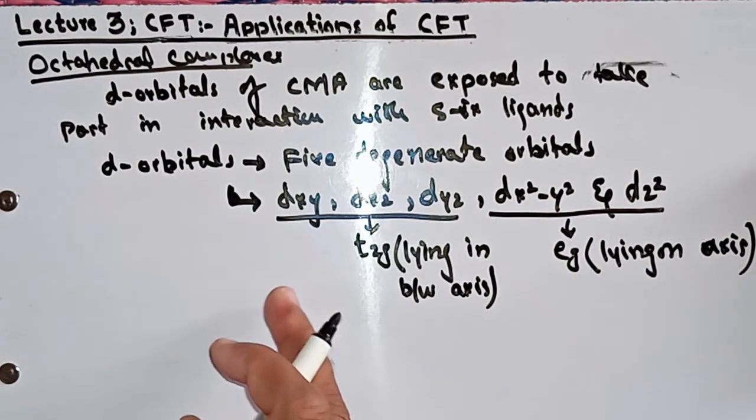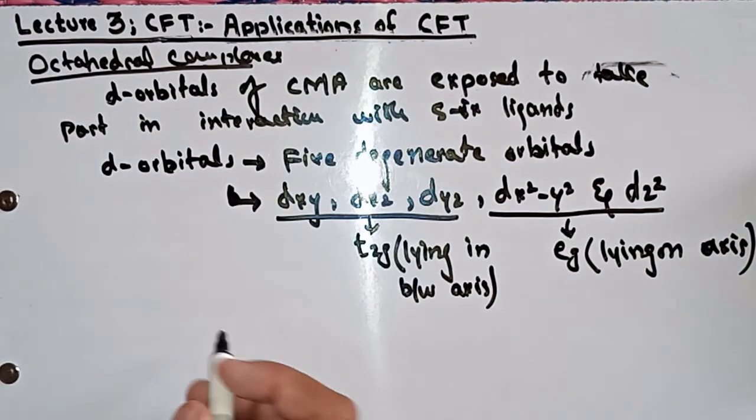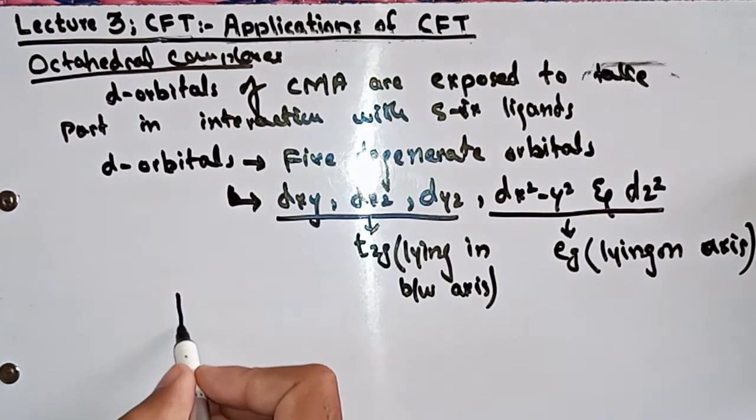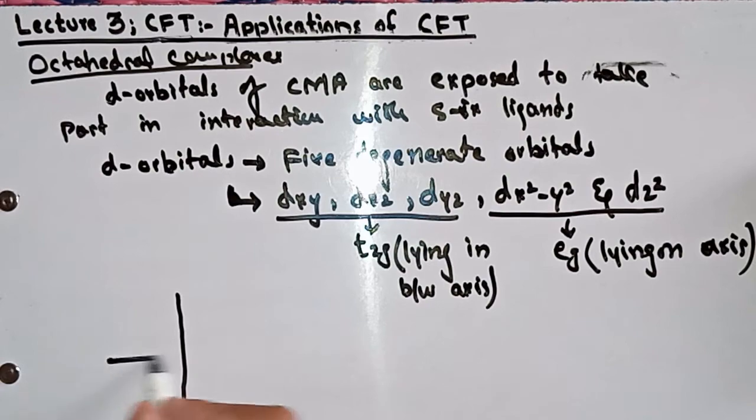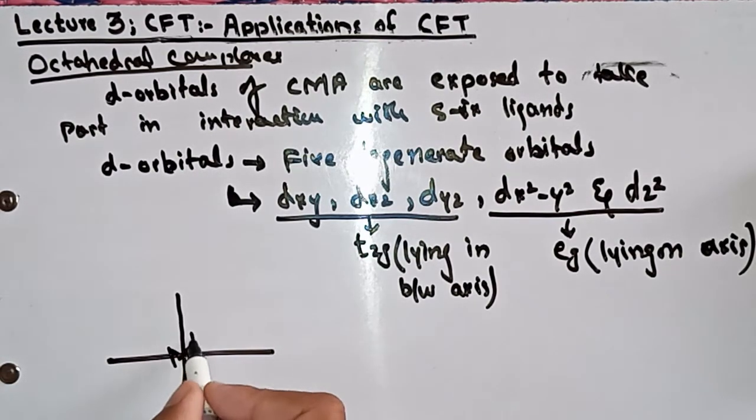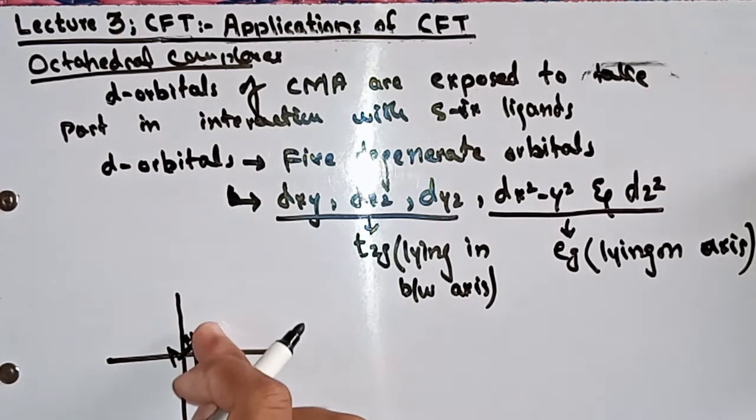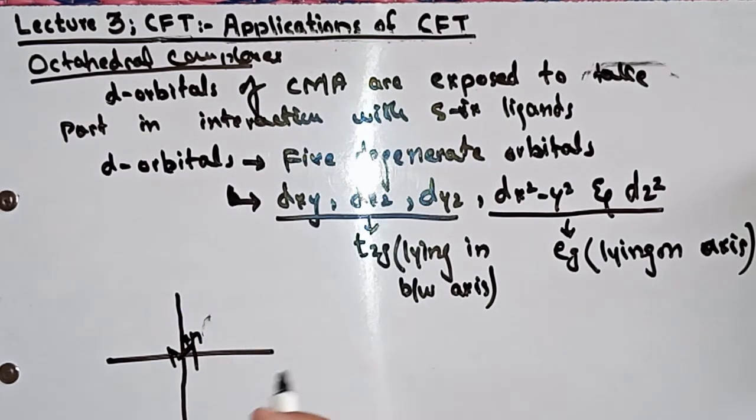In this octahedral complex, let's suppose this is the central metal atom, which has a positive charge, given by its oxidation state. Let's suppose that is one ligand, that is another ligand, and another, and another. This is the x-axis, this is the y-axis.